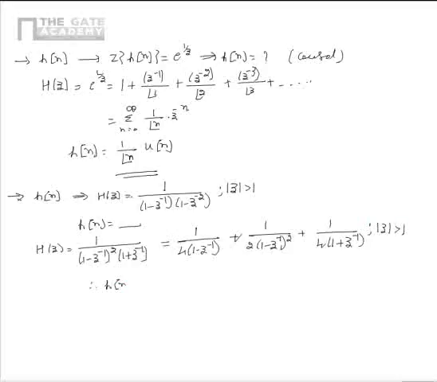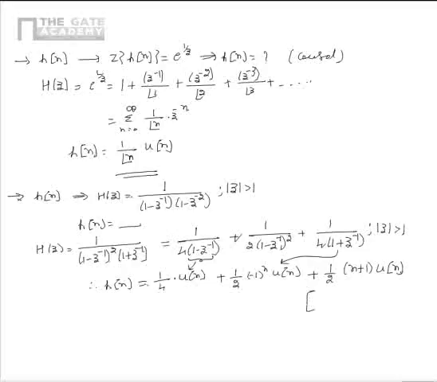Therefore, the impulse response of the LTI system can be written as h(n) is equal to 1/4 into u(n), which is the inverse z transform of 1/(1 - z^-1), plus 1/4 multiplied by (-1)^n u(n), which is the inverse z transform of 1/(1 + z^-1), plus 1/2 multiplied by (n + 1) u(n).